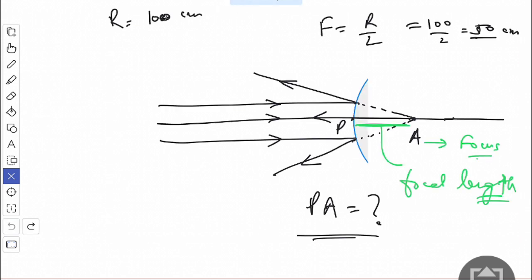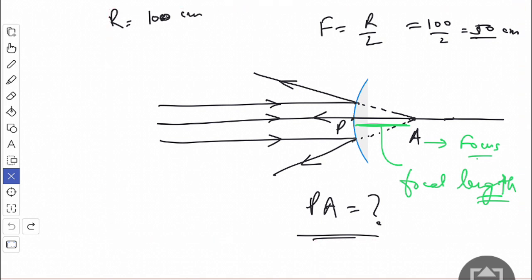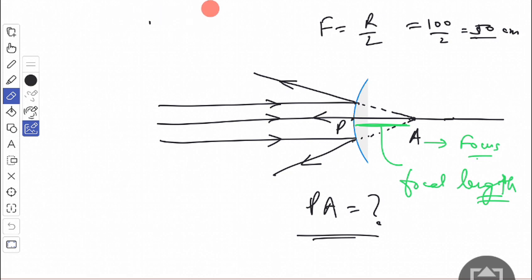No, this is totally gone, so I don't want to do that. What we'll do is clean this up a little bit.